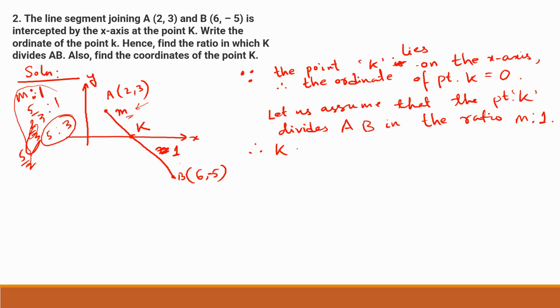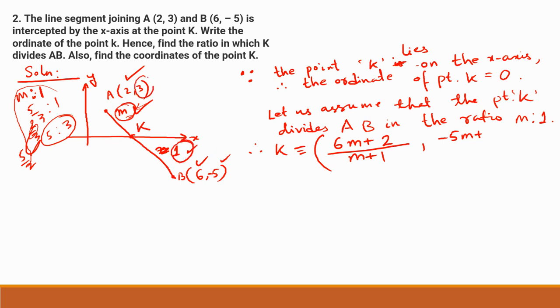Therefore, what should K be? The x coordinate is 6 times m plus 1 times 2, so 1 times 2 is simply 2, divided by m plus 1, right? And what should be the y coordinate? Again, m times minus 5, so minus 5 times m plus 1 times 3, so 1 times 3 is 3, divided by m plus 1, right?